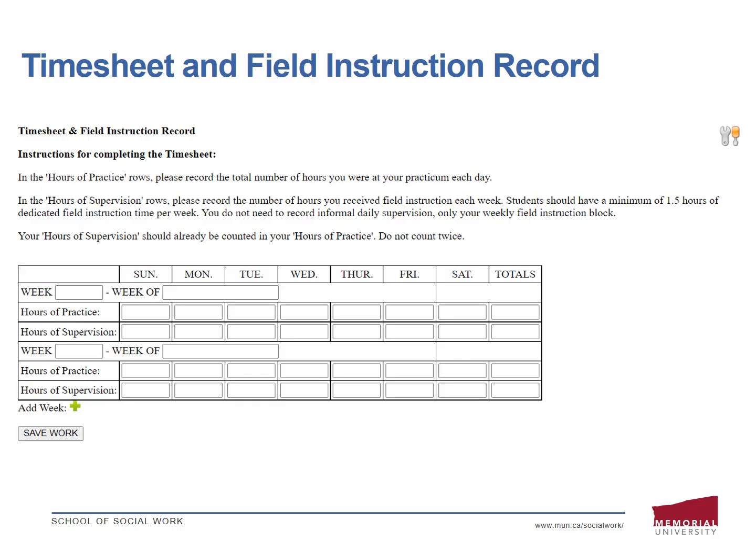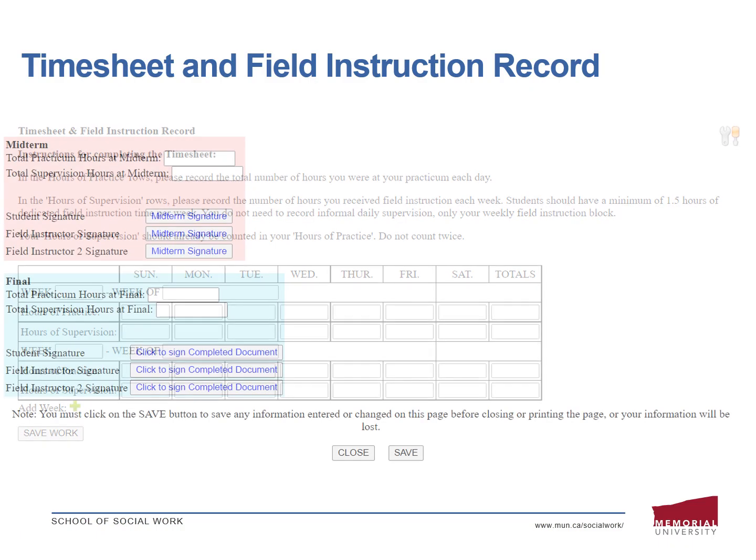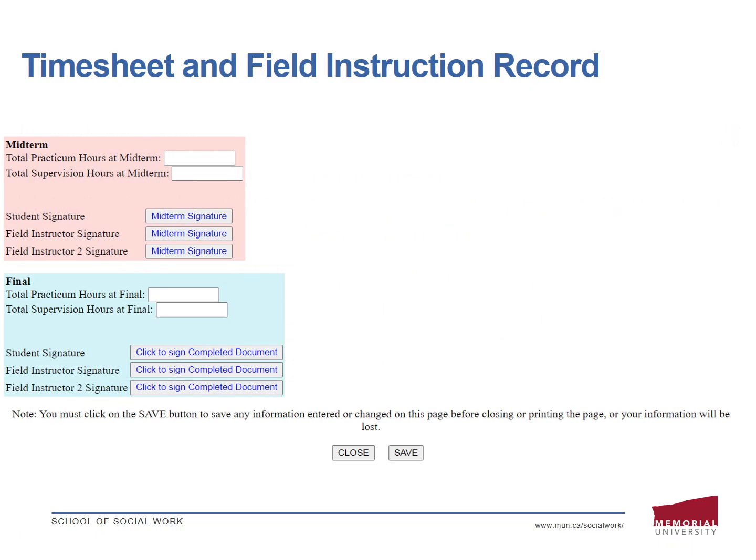Students' hours of supervision should already be counted in their hours of practice, so they do not count twice. Students keep track of their hours. At the midterm and final, the timesheet and supervision record are electronically signed in IPT by the student, field instructor or field instructors, and the agency mentor if applicable.